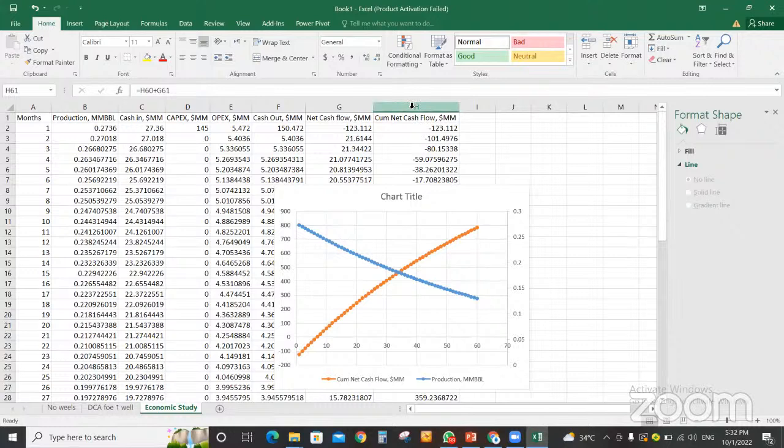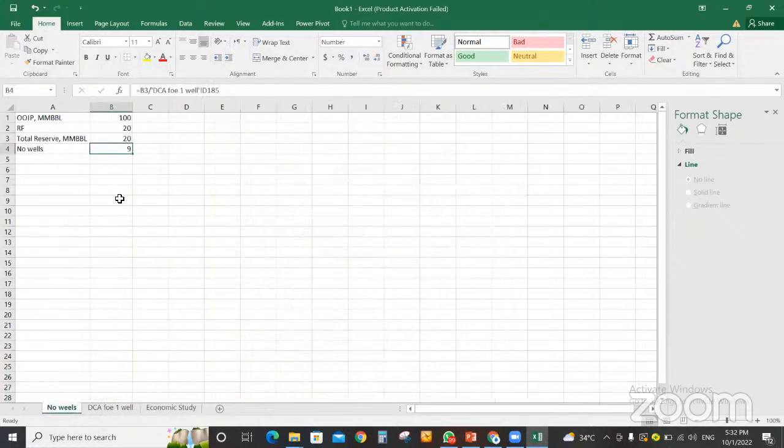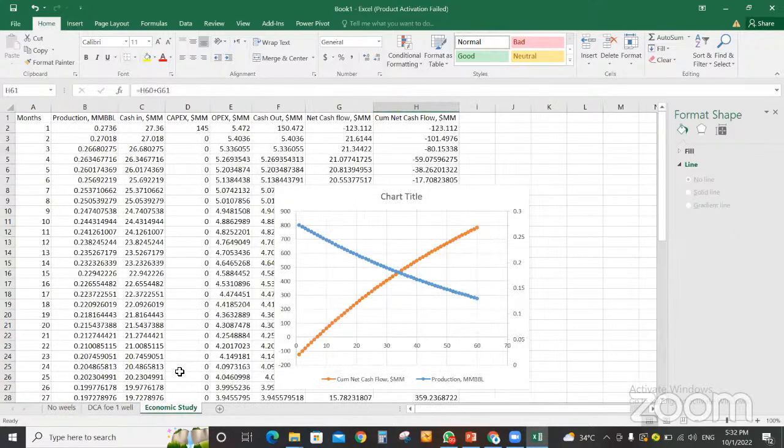Also for the economic estimation, as you remember, we did uncertainty analysis for the oil in place, but we didn't do that here. If we do uncertainty analysis for the oil in place and for the recovery factor, all of those uncertainties will be reflected in the cumulative cash flow and our economic modeling.